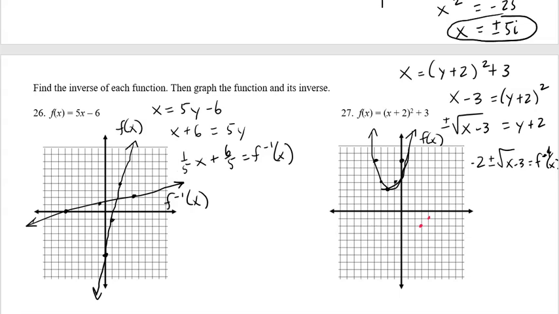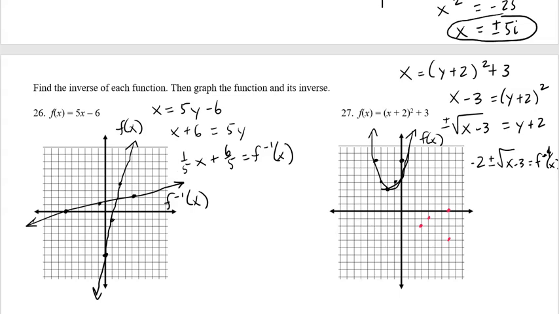This is 1, 2, 3, 4, negative 4, 7, so do 7, negative 4. This is 0, negative 7, so do negative 7, 0.